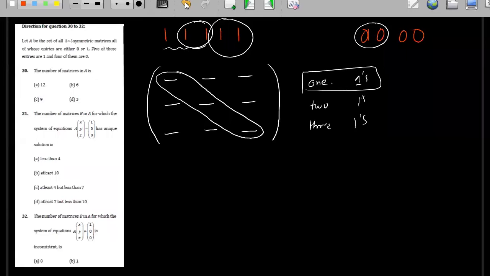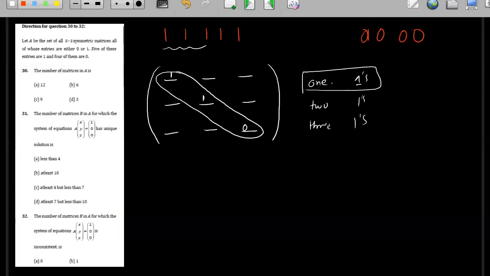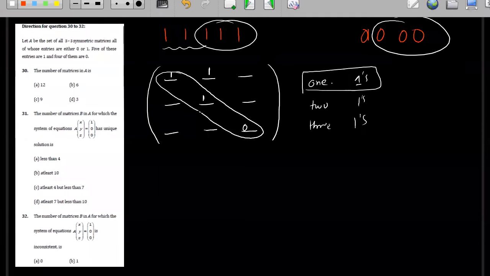So first I will discuss the second case, case 2. Suppose I am filling 2 ones here. So suppose I have filled 1 here, 1 here, and here I have filled 0. Now see, how many ones are left? 3 ones are left and 3 zeros are left, right? I can fill 1 here, then I will have 1 here. If this is filled with 1, 1 has to be filled here, right?